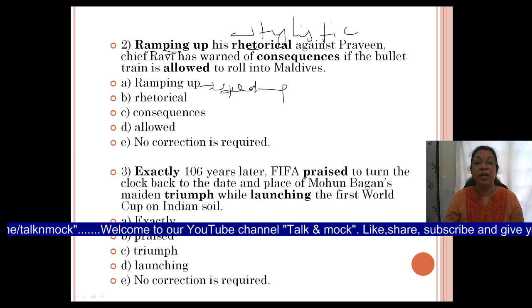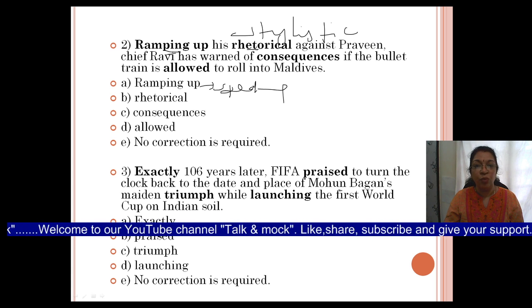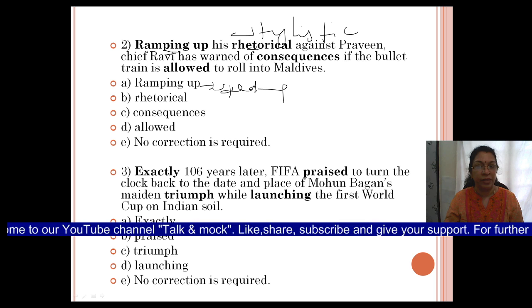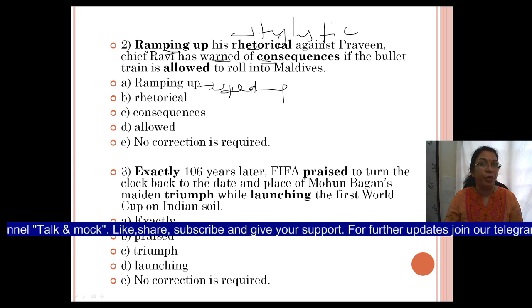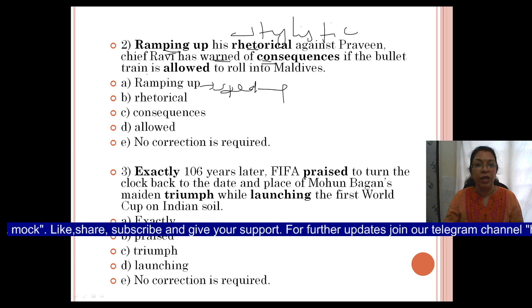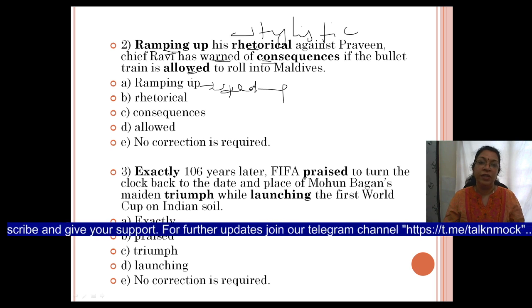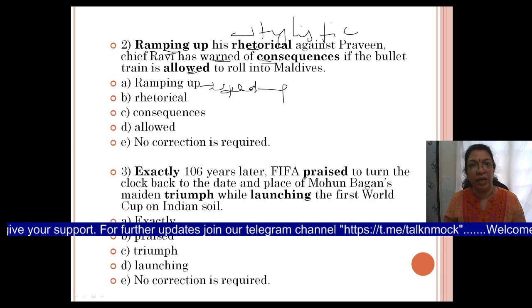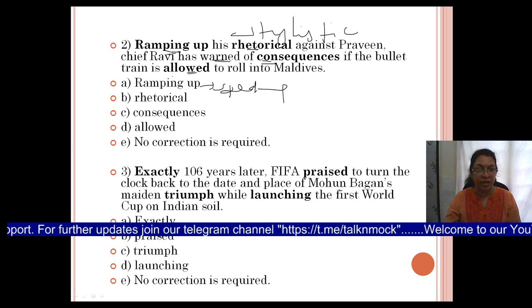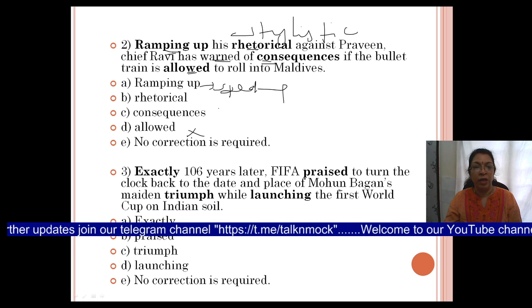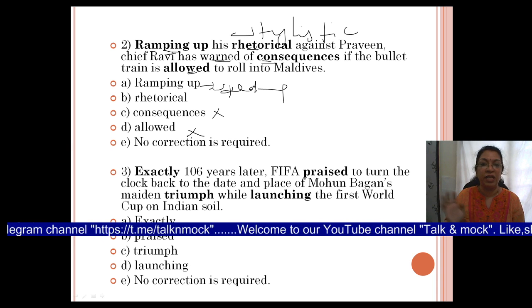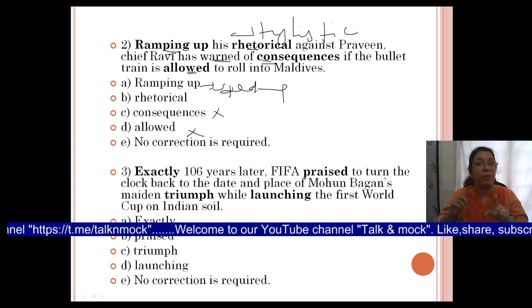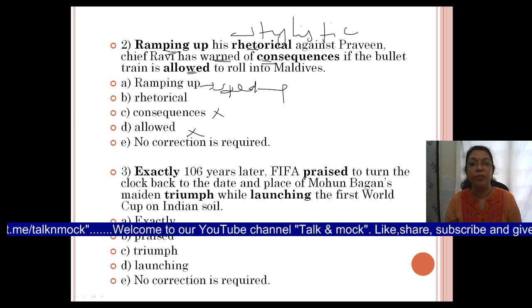Against Praveen, Chief Ravi has warned of consequences if the bullet train is allowed to roll into Maldives. So warned, warning about consequences should be right here. If the bullet train is allowed, the entry. So allowed is right, consequences is right. They are right, so I'm eliminating those two options.